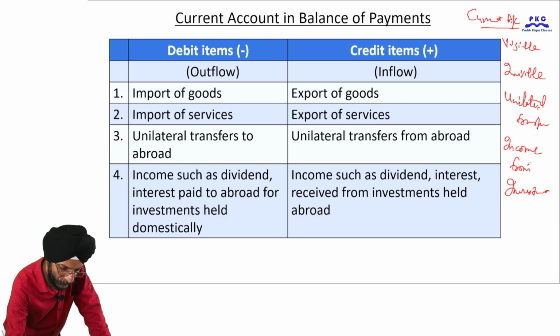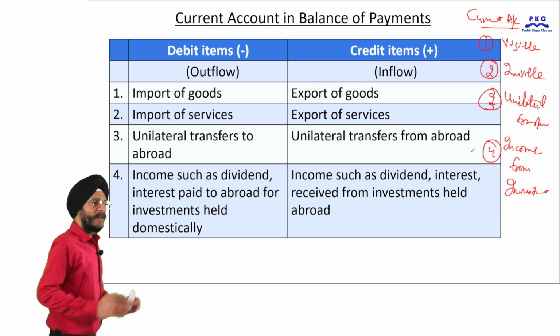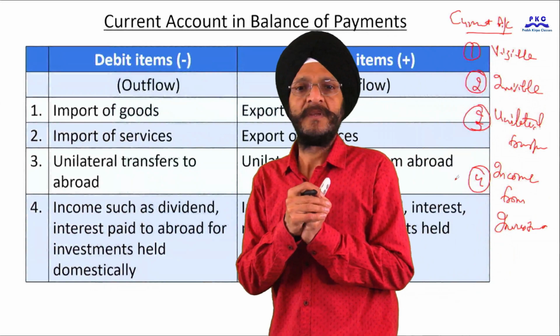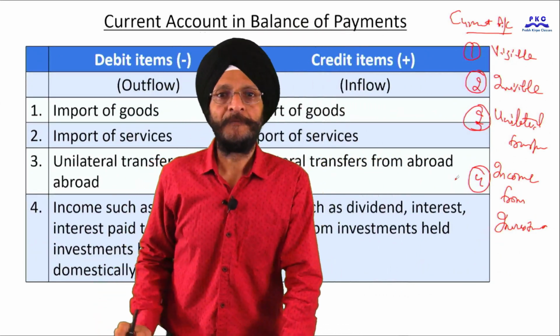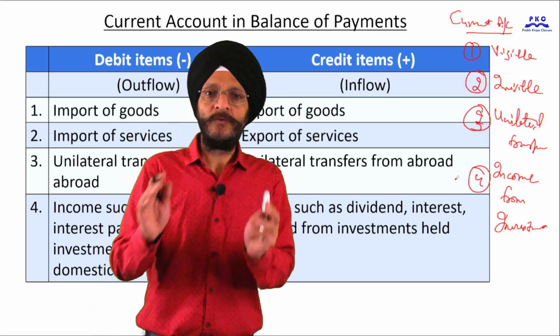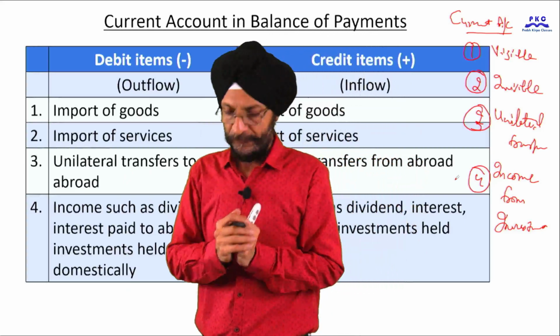These are the four components of current account. Current account itself is one of the components of balance of payments. So we are here to understand the difference between current account and balance of trade.